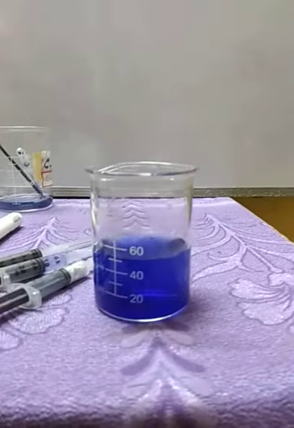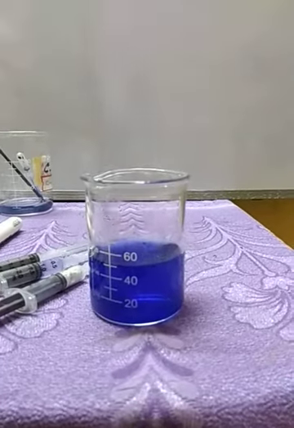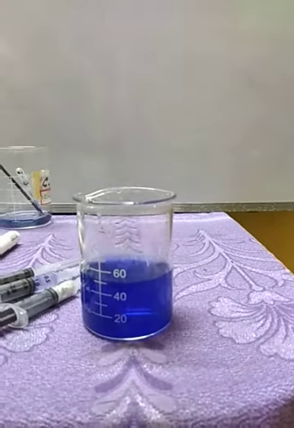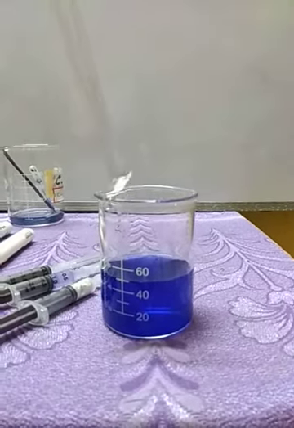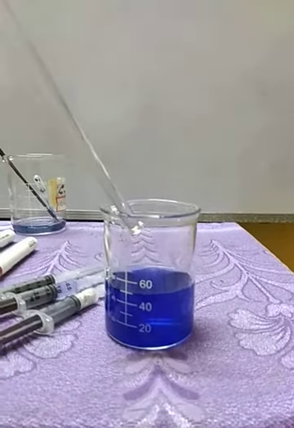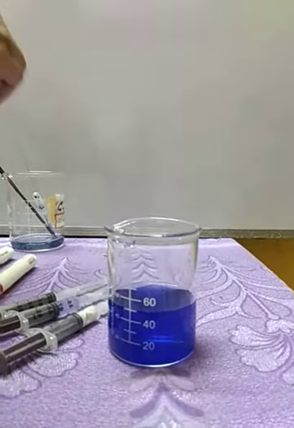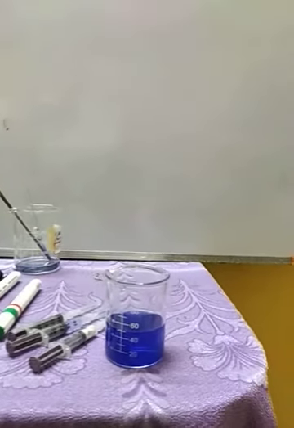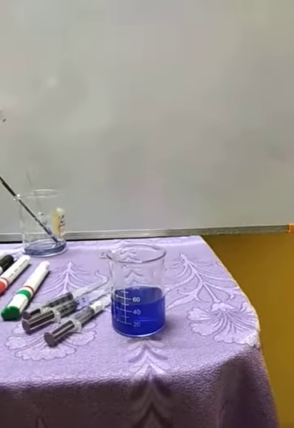See, with a glass rod I am stirring this, and the whole water becomes blue. So the rate of diffusion will be faster if I use this stirrer. Okay, so that's it.